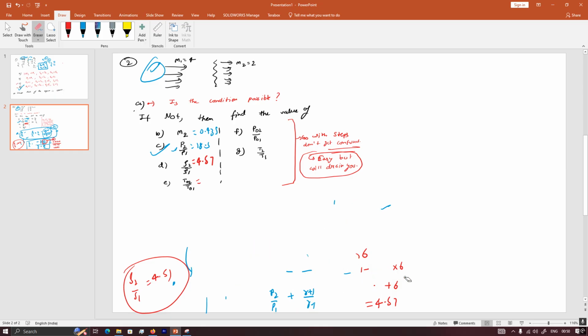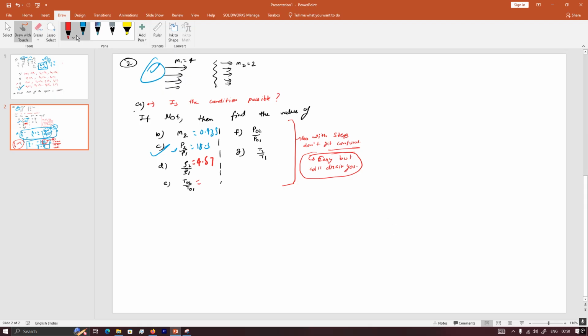Now the question is asking, what is the ratio of T naught by T1? Just remember the concept of normal shock wave. A normal shock wave is adiabatic. We know that, and adiabatic means there is no heat exchange or heat transfer.